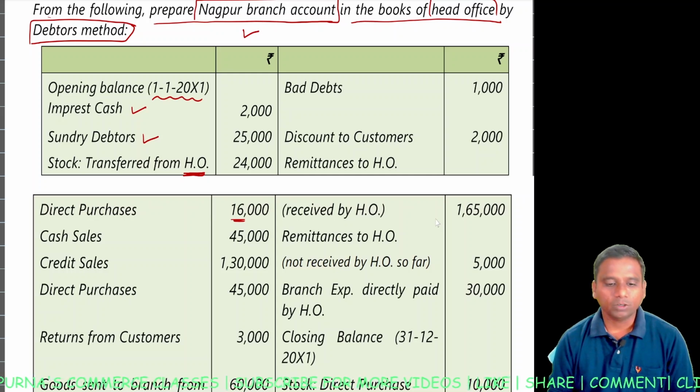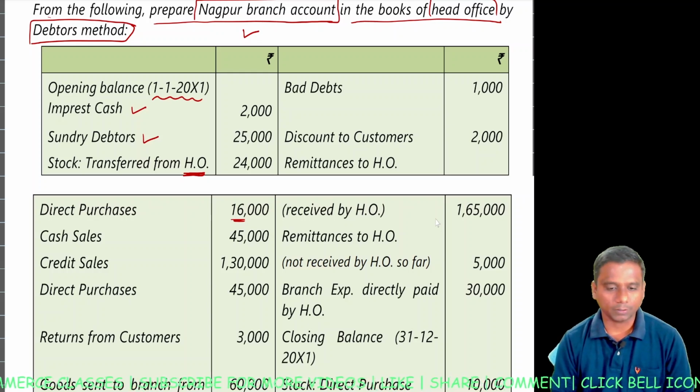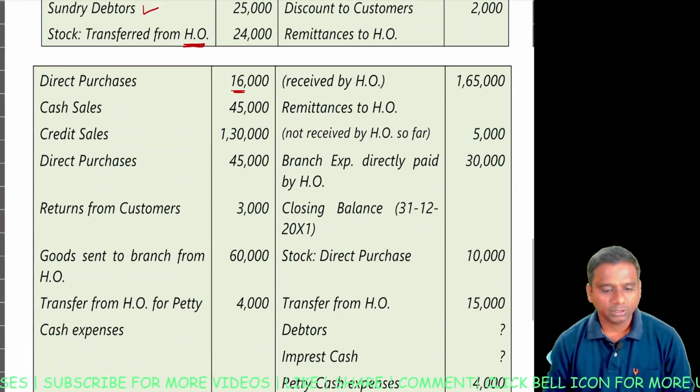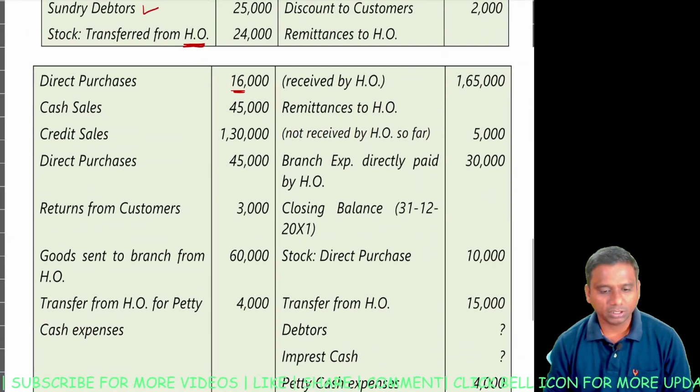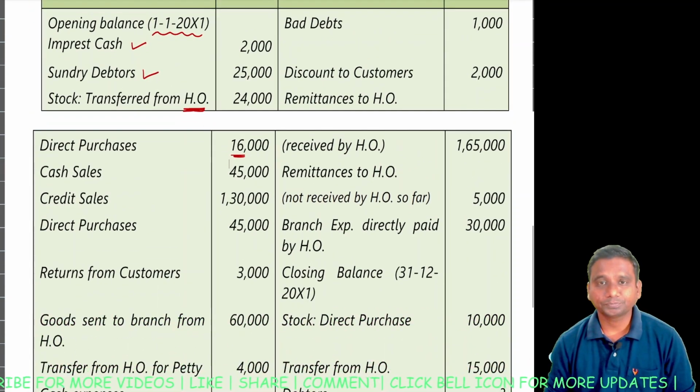So what is the total stock held by the branch? 24,000 plus 16,000, 40,000 rupees of stock. Now identify any liabilities. I hope there are no liabilities. Clear, everybody?